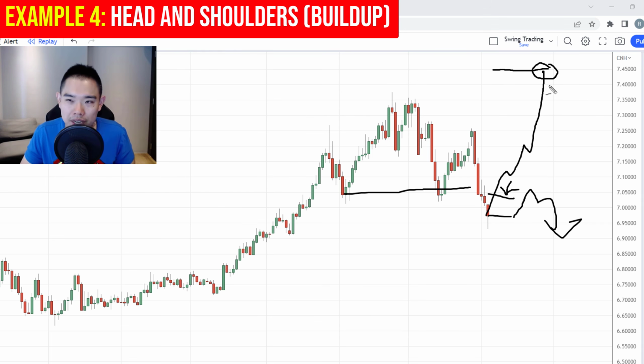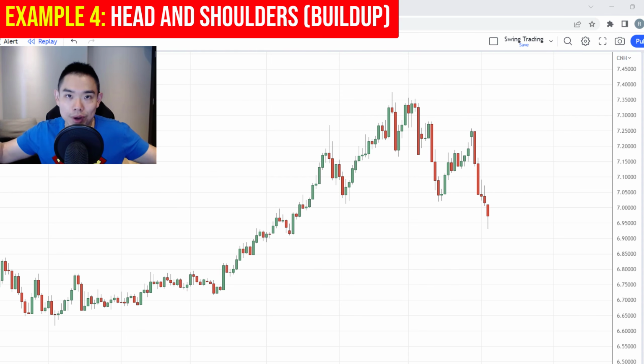At this point, clearly this pattern has failed, because the price has exceeded even beyond this little head over here. So that would be a logical place to set your stop loss. But what's the problem with that stop loss level? Well, it's simple: your stop loss is pretty darn wide. Such a huge stop loss. So what I would suggest you do is look at this particular strategy. This technique is what we call a breakout with a build up.